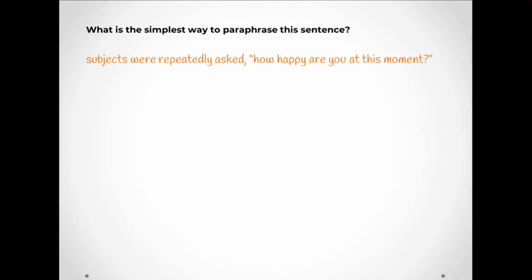Because if you think it through, it's not actually important how many times they were asked. The important thing is that they were asked, right? So you could also just say subjects were asked about their happiness level. Very good. That is another good way. That's actually one of the ways that I came up with.